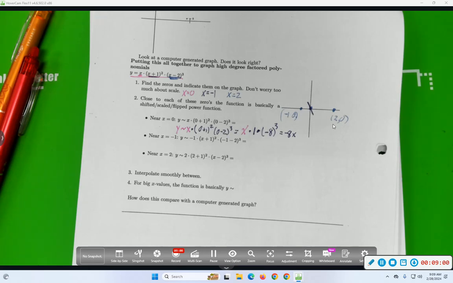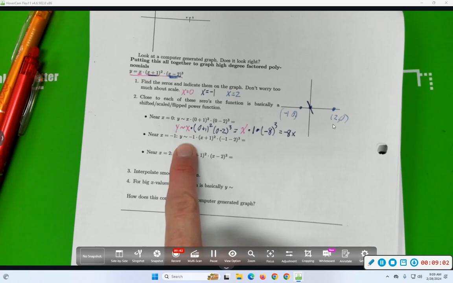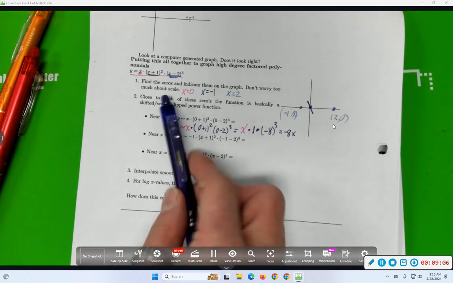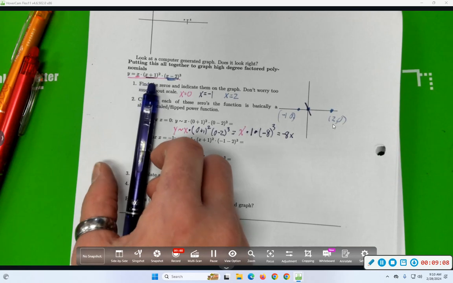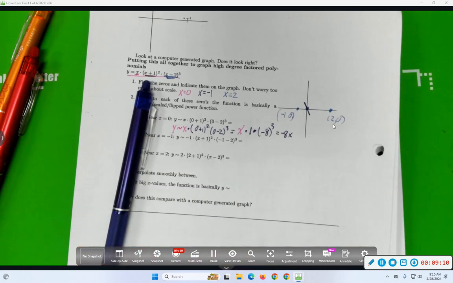Let's keep on trucking. Near x equals -1, ask yourself, of the factors up there, which of those factors actually result in the root at x equals -1? The x plus 1 squared. So I should remember the x plus 1 squared.